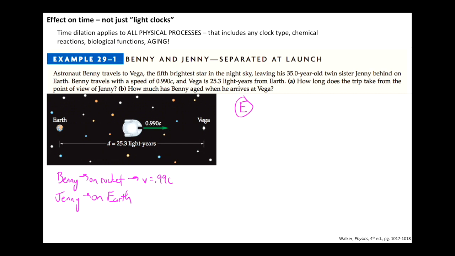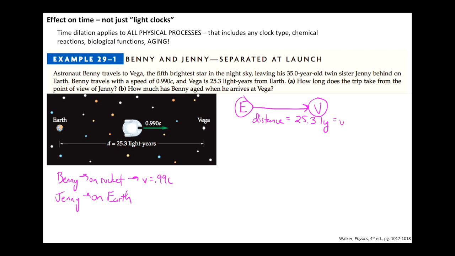So let's see. Here's Earth, and over here is Vega somewhere. The distance between the two is 25.3 light years. Let me point out that light years has year hiding in there, which often confuses people, and they think, year, that sounds like time. This is a distance measurement, and I want to make sure you understand how that works.